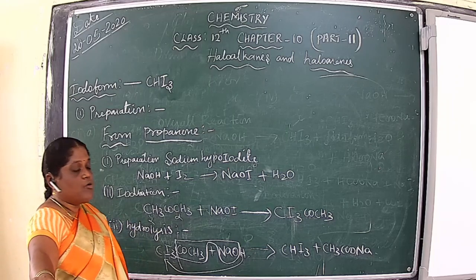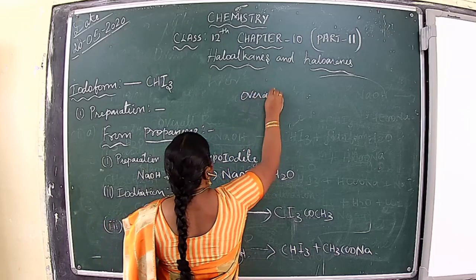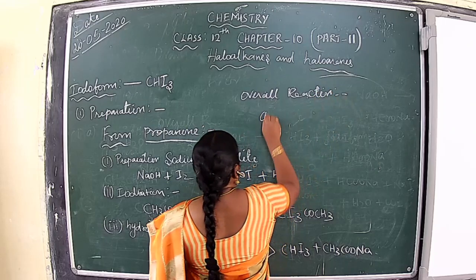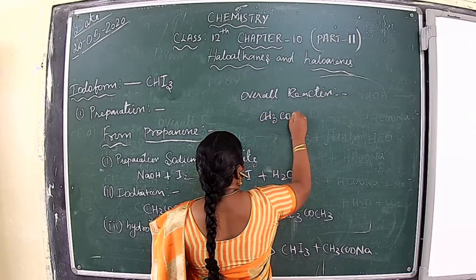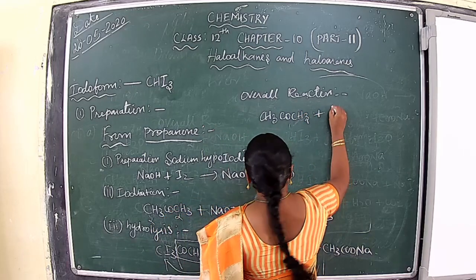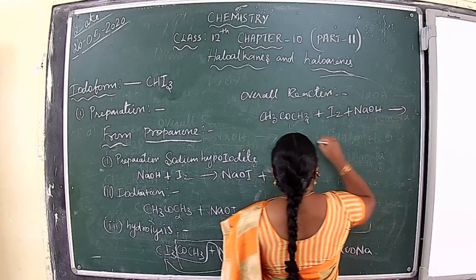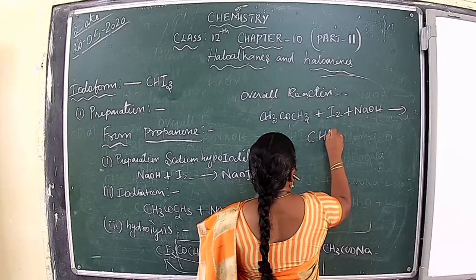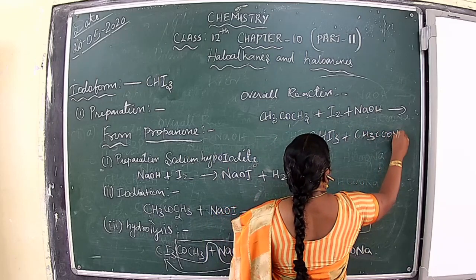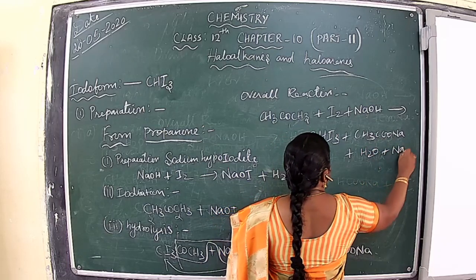This also we can write as an overall reaction: CH3COCH3 plus iodine plus NaOH gives CHI3 plus CH3COONa plus H2O plus NaI.